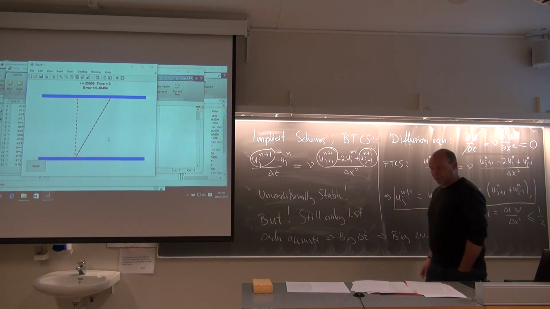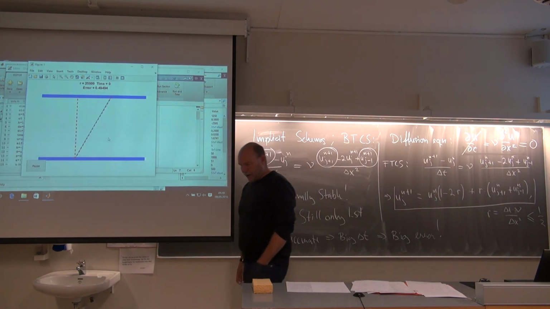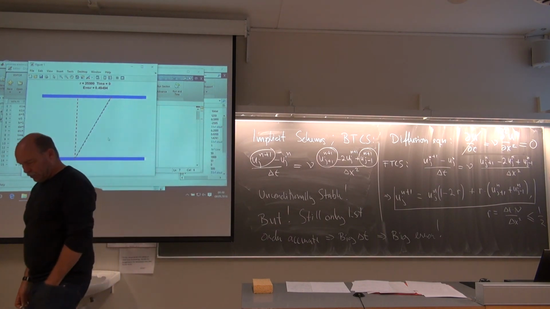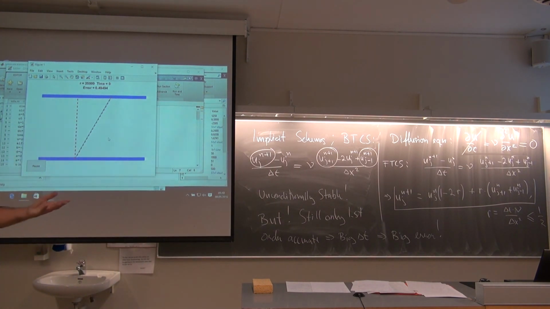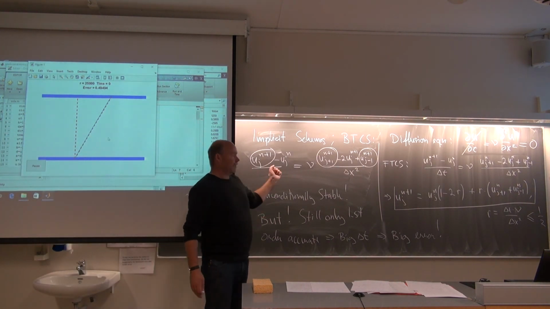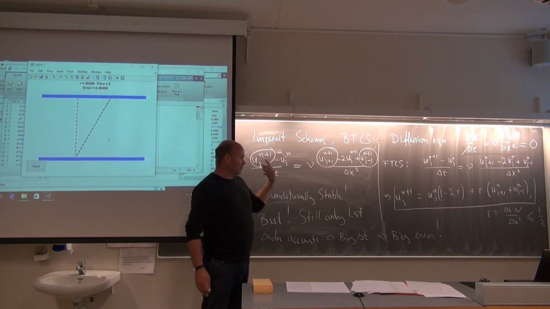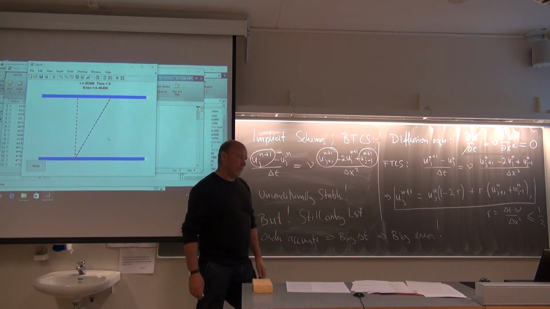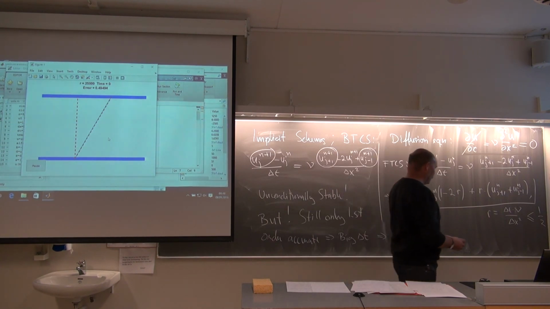That is unavoidable. It's only first order accurate in time. So big delta T means big error. You can't really help it. So no, I don't actually recommend implicit schemes at all. Okay, they are stable. You could use bigger delta T's, getting faster solutions, but the error is going to be very bad. So use it with care.